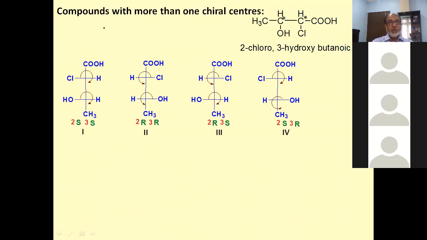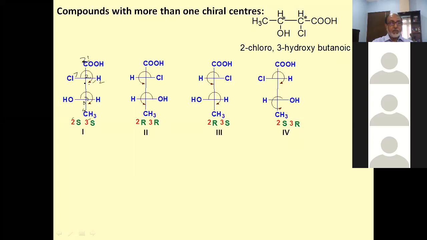So here, what is your carbon number? This is carbon number 1, carbon number 2, carbon number 3, carbon number 4. Carbon number 2 is going to be S and carbon number 3 is going to be S. Because you see here, this will be priority number 1, this priority number 2, and this priority number 3, and this is 4.